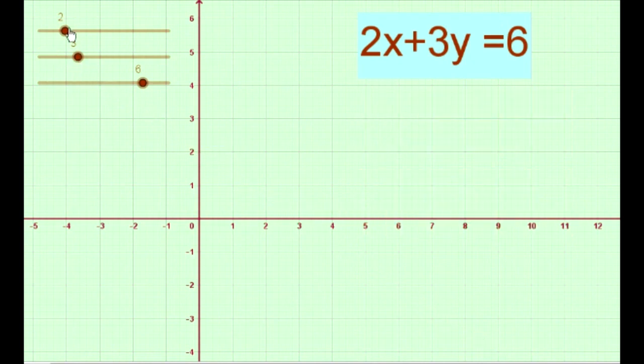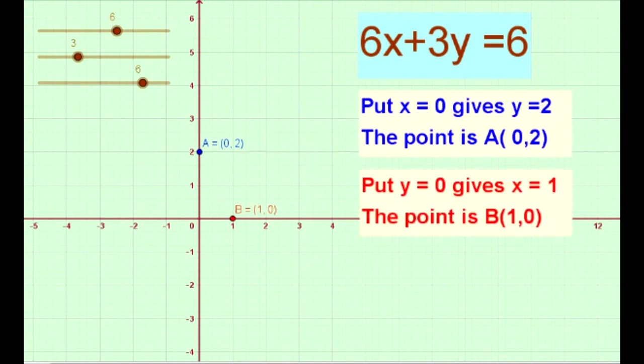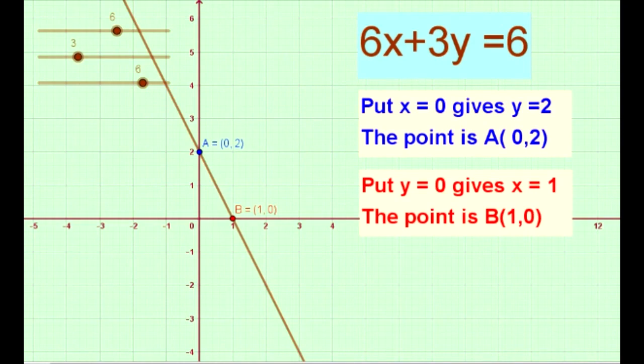Similarly, let us change the given line to 6x plus 3y is equal to 6. Let us find the points for the line. In the same manner, putting x equal to 0 and y equal to 0, you get the 2 points A (0, 2) and B (1, 0). Now you can see the new line 6x plus 3y is equal to 6.